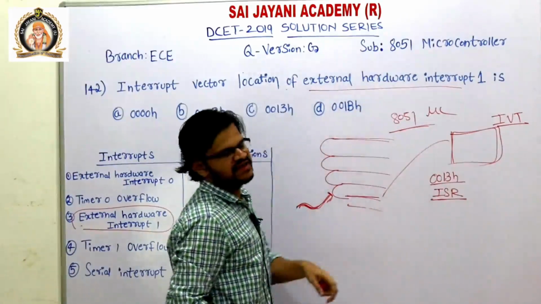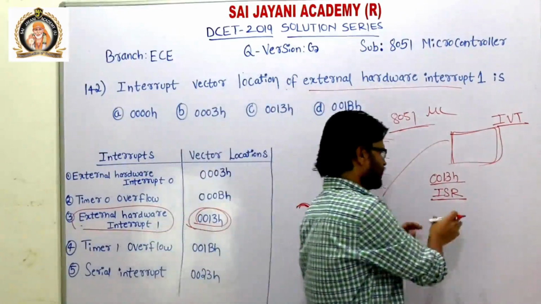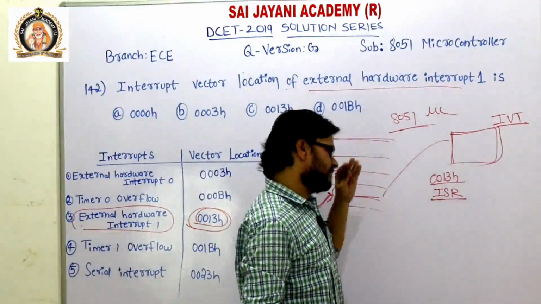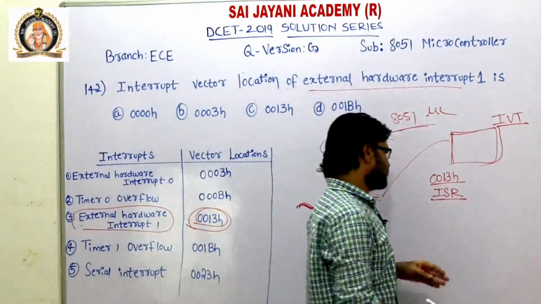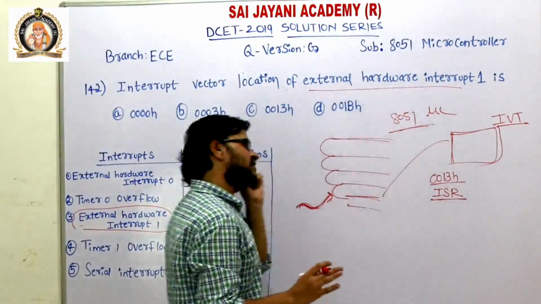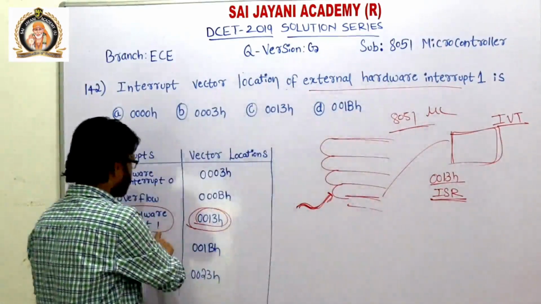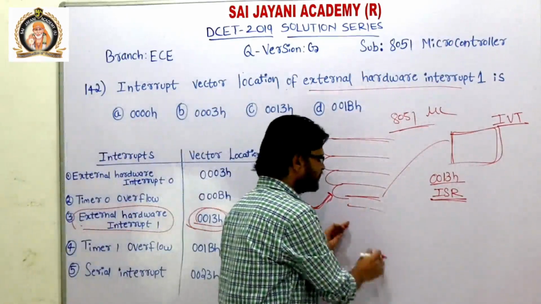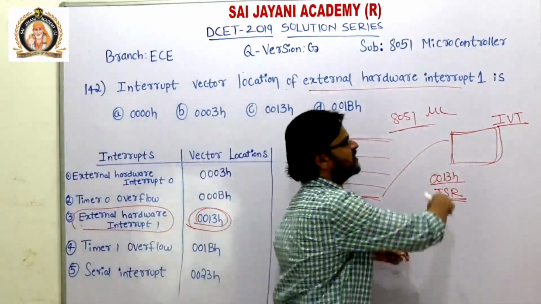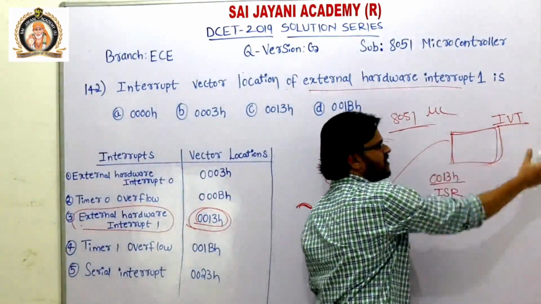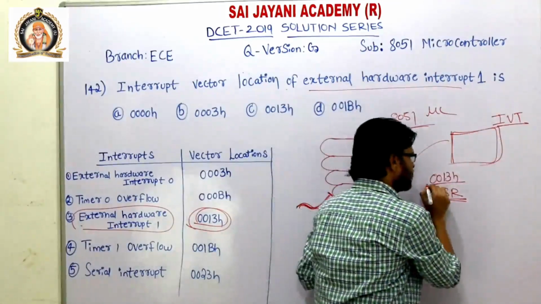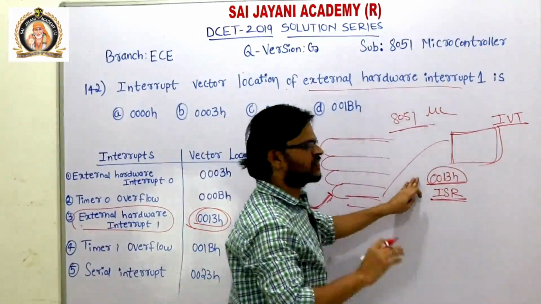In this location we have the interrupt service routine. The interrupt service routine is also a subprogram which is written by the manufacturer at the manufacturing time. When the external hardware interrupt 1 signal is raised, the 8051 microcontroller jumps to the interrupt vector table, where we have the 0013H location.